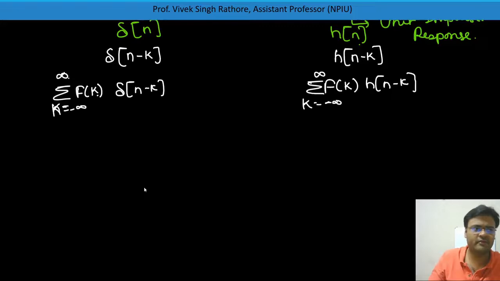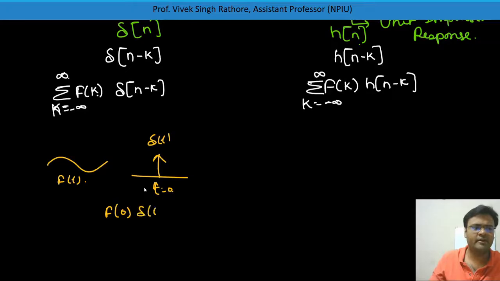See, in the time domain, if a signal f of t is multiplied with delta of t, it will come as f of 0, because it is delta of t minus 0, so f of 0 times delta of t will come.